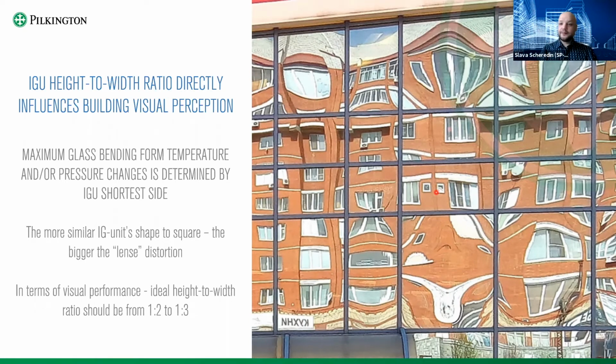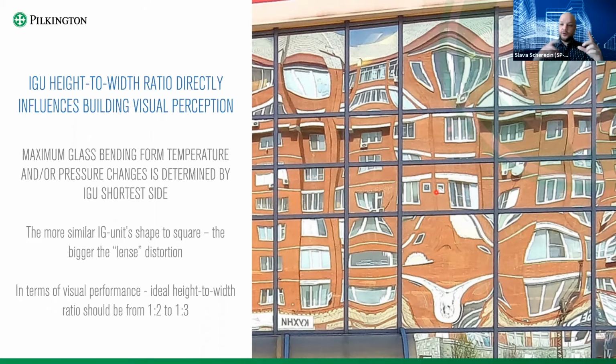So here we need to think about the height to width ratio. And there goes the first rule: the closer the IG unit shape is to a square, the bigger the optical distortion you will see.